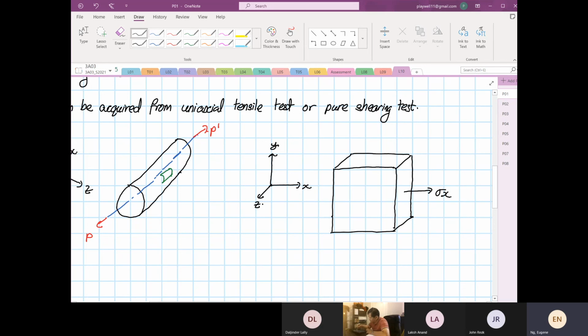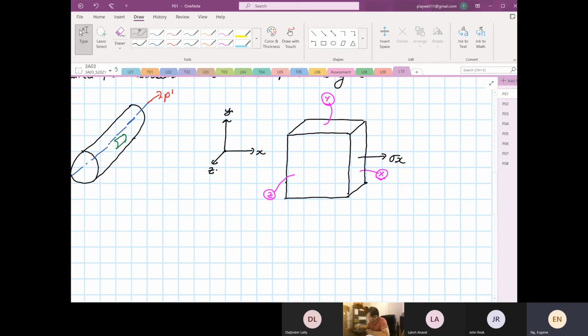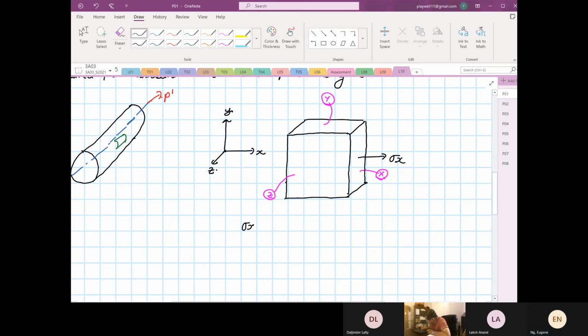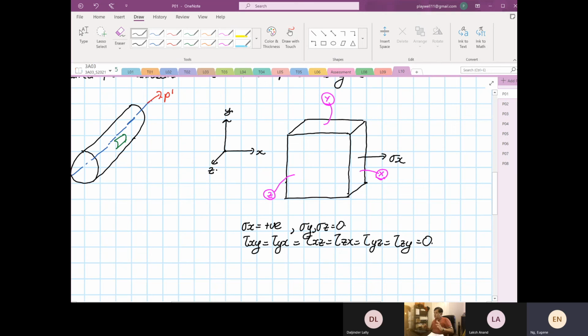If you look at this element and label it, this is my point X, point Y, and then point Z. So now we can say that stress X is positive, while stress Y and stress Z are equal to 0, and all the shear components, shear XZ, shear ZX, shear YZ, shear ZY, are all equal to 0. There's no shear at all.